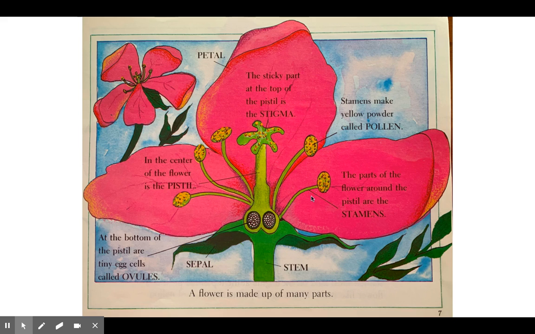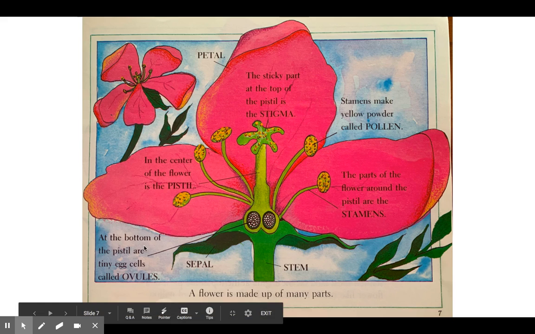There they are. These lines here are really helpful to know what part is being described and talked about. In the center of the flower is the pistil. There it is. At the bottom of the pistil are tiny eggs called ovules. There's little eggs. This is called the sepal, and this is the stem.